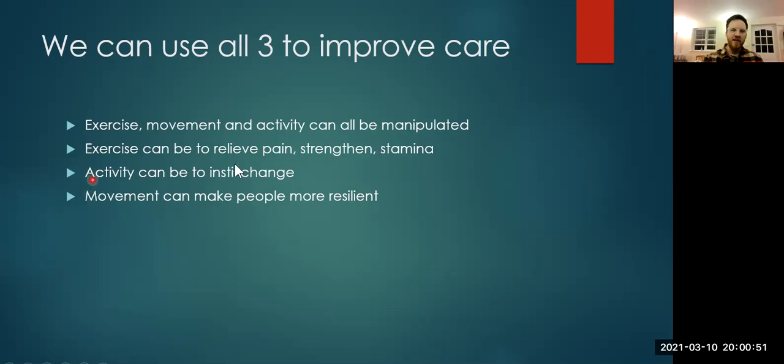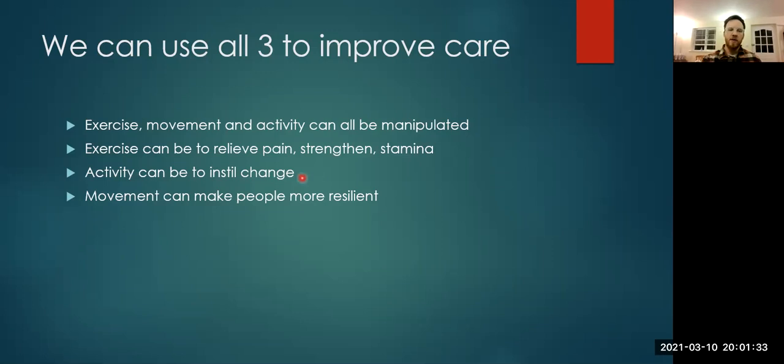So exercise I see as a very specific intervention, something that you want to accomplish. You use exercise to do that, whether it's trying to open up the rib cage, open up the T-spine, whatever. Now, activity can help instill that change that you've made. So whether it's picking up a child or carrying bags, if you give them some new range of motion of their thoracic spine, they have more capability and more capacity to use their musculature more effectively.